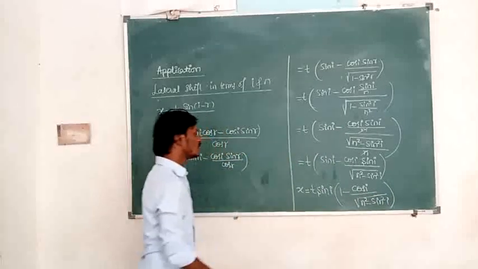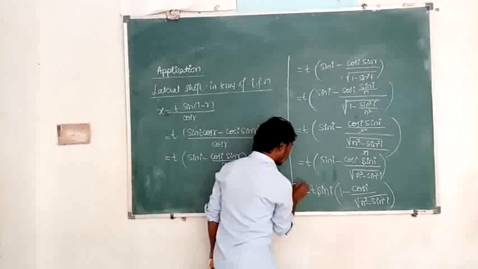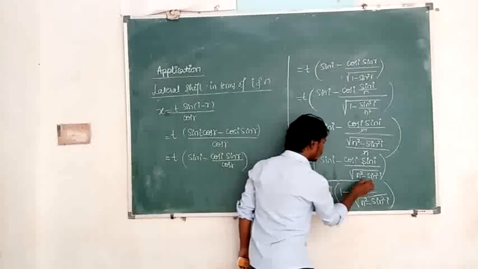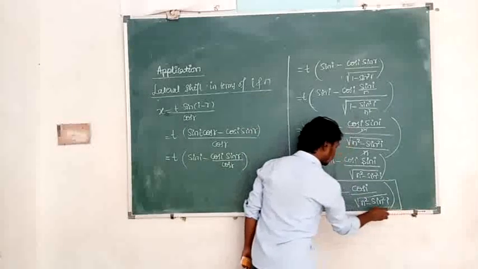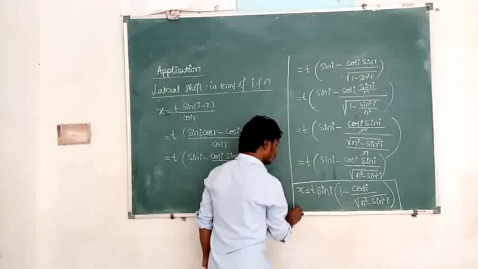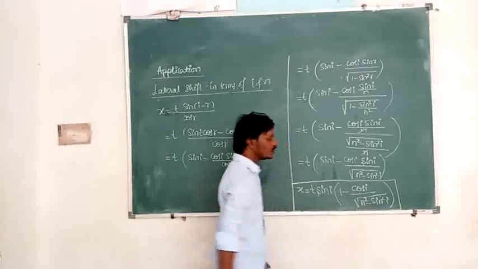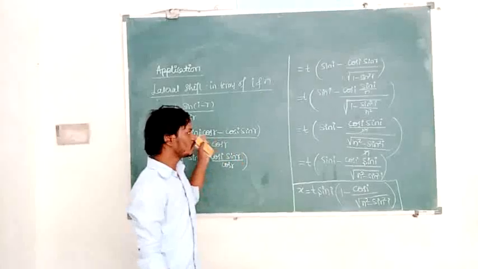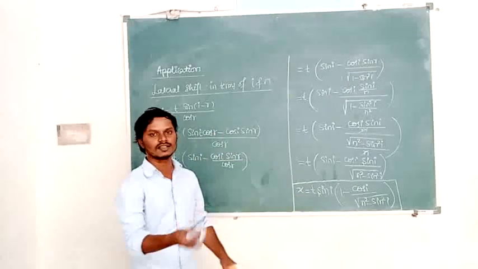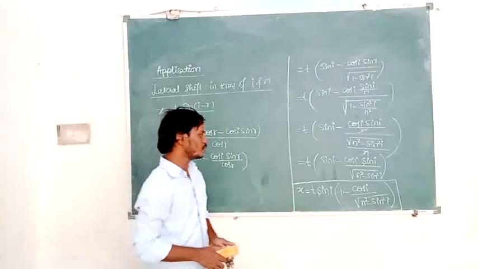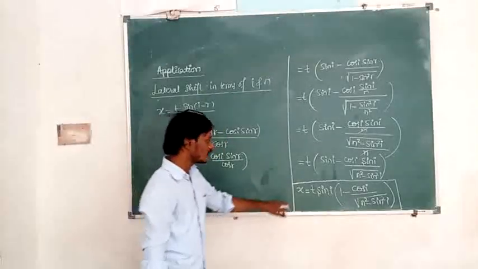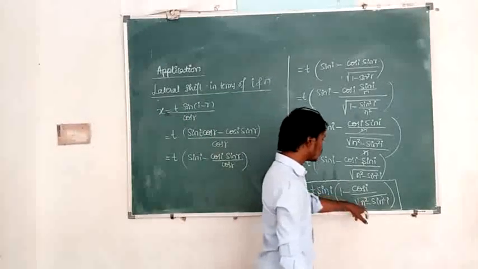So this is the relation between the lateral shift, angle of incidence and refractive index of the medium. Here the refractive index is of which medium? In the case of the given lateral shift, that is the glass medium. Okay, this is the relation between lateral shift, angle of incidence and refractive index.